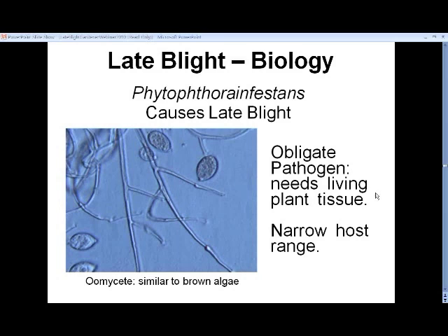That means that it needs living host tissue, plant tissue, in order to survive. It can also survive as a structure in the soil, but we don't believe that is yet happening in the United States, and I'll get into that in a little bit more detail. But at this point in time, our understanding is that it needs living plant tissue in the U.S. to survive. It also has a narrow host range, and that's a very important fact when it comes to management.